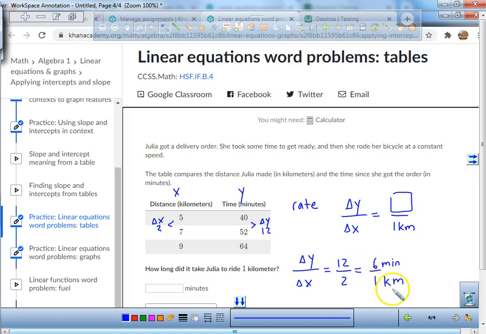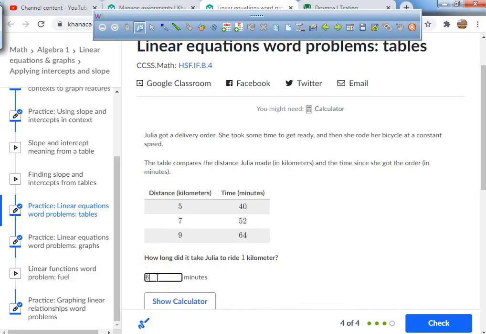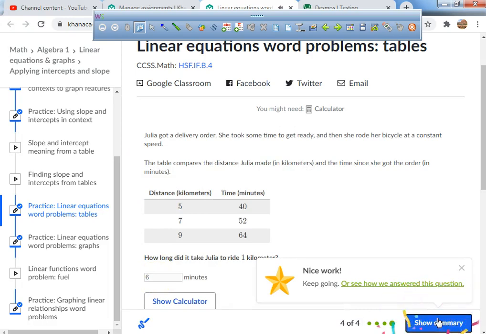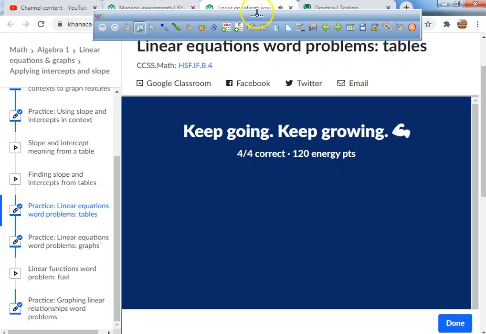So how long did it take Julia to ride 1 kilometer? It looks like it took her 6 minutes to ride 1 kilometer. Let's see if that's the answer. We got it.